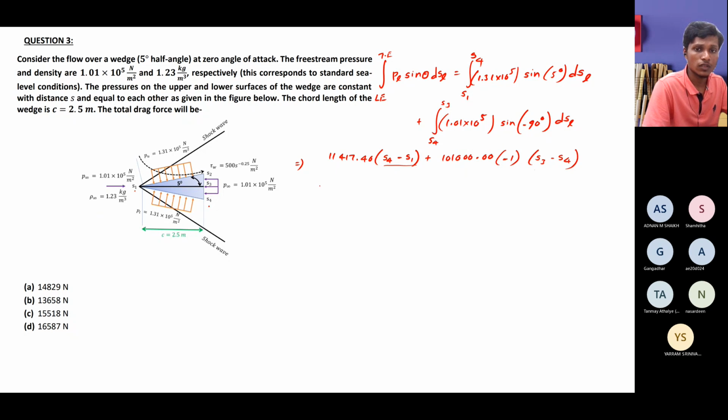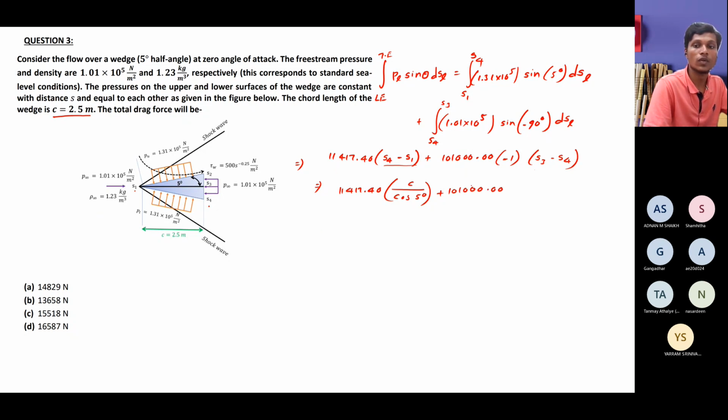Okay, so as we saw earlier, we can transform this S4 minus S1 with respect to the chord. Let's apply the same principle again, that is 11417.40 times C by cos 5 degrees, that is the distance, plus 101,000.00.